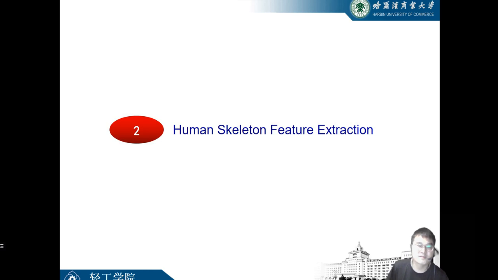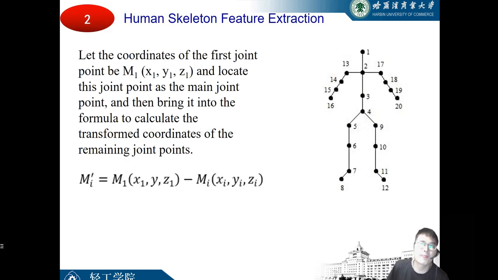Now this is part 2. According to the biological theories, we can know that the human body is a complex structure. In order to simplify the analysis and calculation, we can simplify human body into a simple model as shown in the figure.